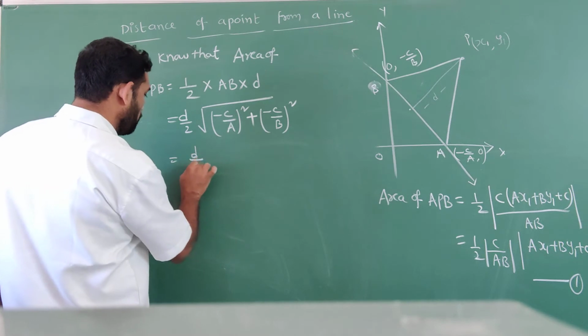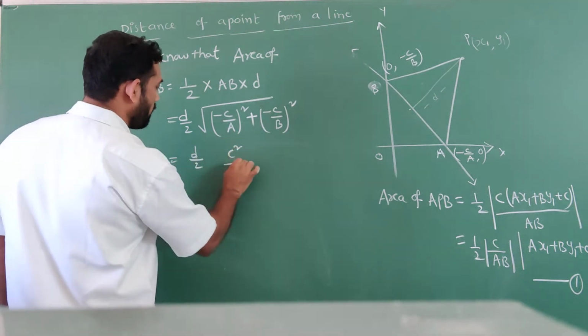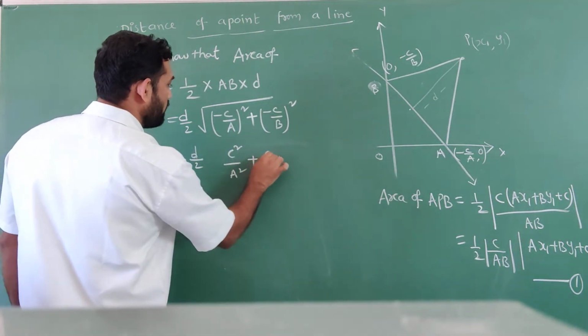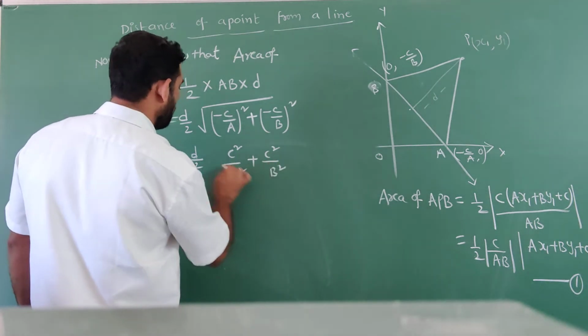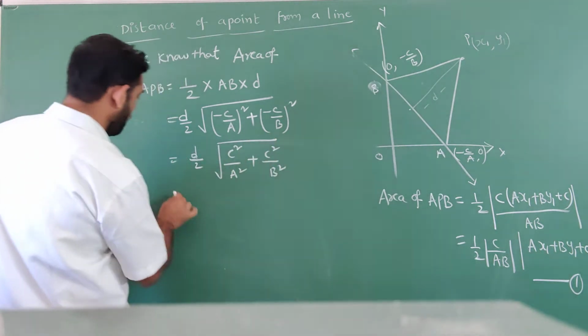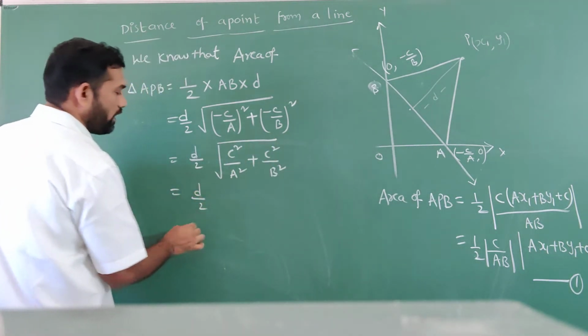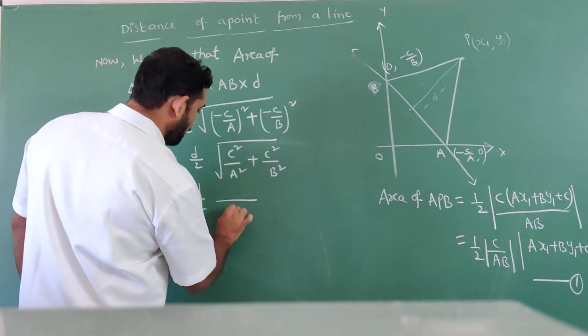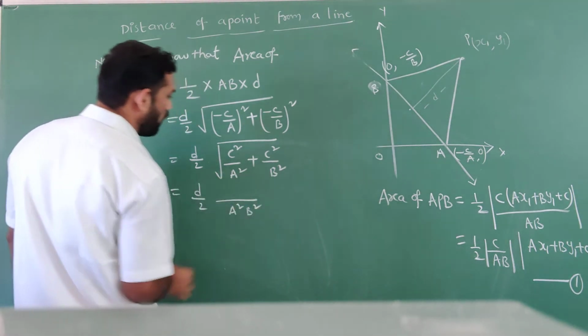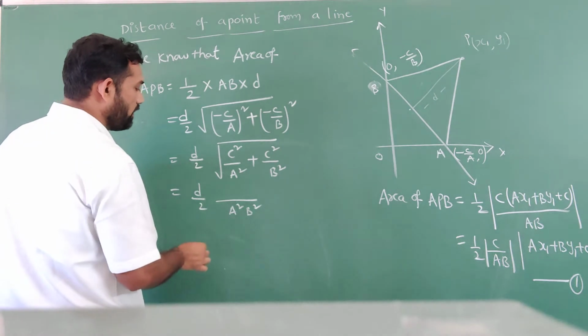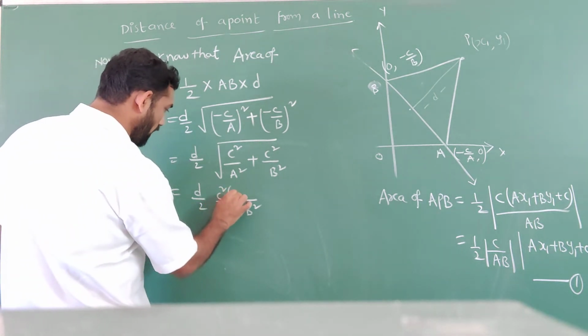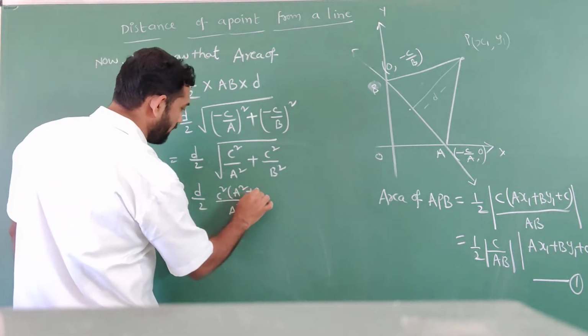So D by 2, root of C square by A square plus C square by B square. Next, D by 2, here LCM is A square B square, and C square is also common. A square plus B square inside.